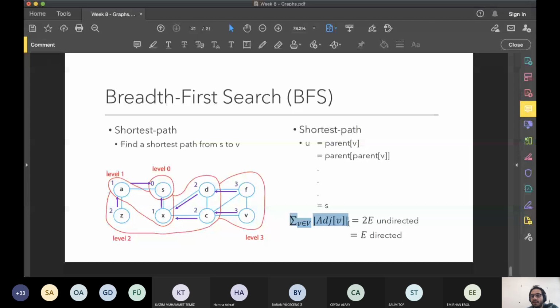Therefore, the complexity is the total number of vertices inside the adjacency lists of all of the vertices. It's going to be 2E in undirected, and E in directed, because directed is just one way, but undirected is two-way.